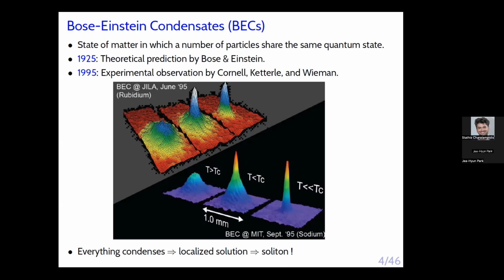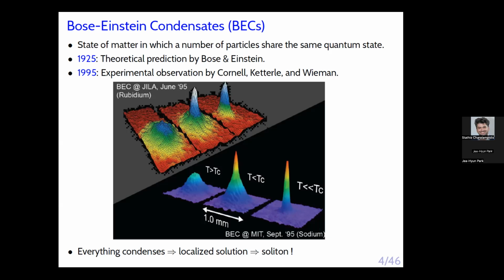It is a state of matter in which a number of particles are in the same quantum state, first realized theoretically by Bose and Einstein. But in order to have the experimental technology available, 70 years had to pass until two groups. One is the Joint Institute for Laboratory Astrophysics in Colorado, and the other one at MIT. Generally, they considered rubidium and sodium atoms, and they started cooling this collection of particles close to nanokelvin.